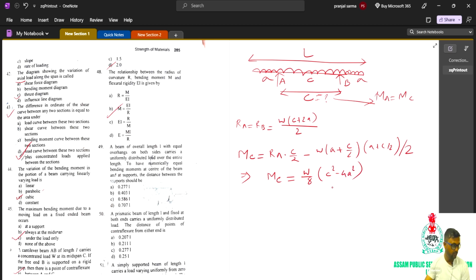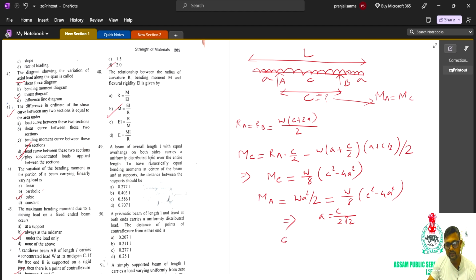Now, what is MA? Obviously, W A square by 2. So equating, W by 8 into (C square minus 4A square). If you solve this, you find A equal to C by 2 root 2.